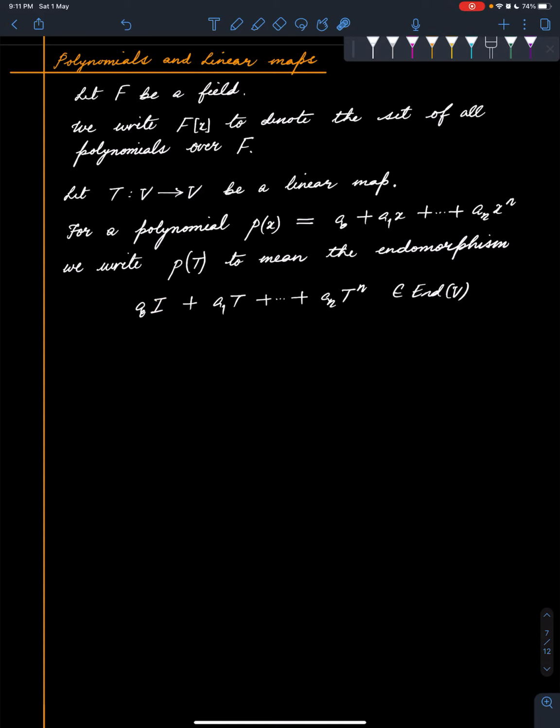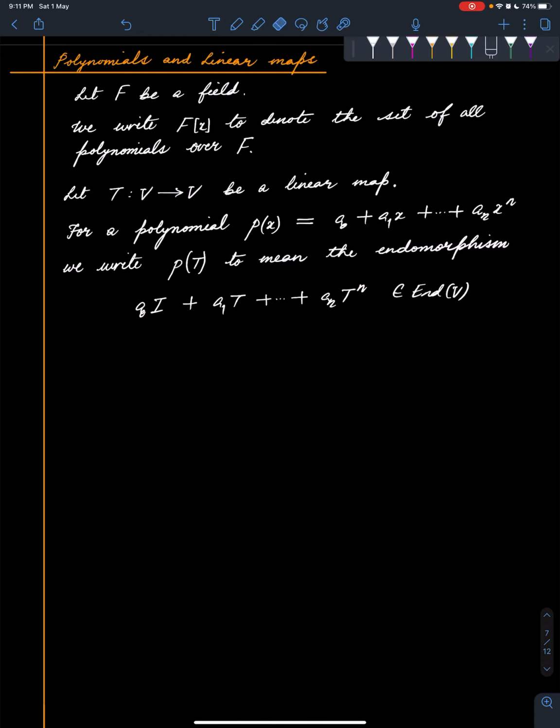Sometimes I might slip, but anyway. So we write p(T) to mean this, where it is an endomorphism because it is a linear combination of endomorphisms of V, with scalars by which we have scaled them and then added them. So out of any polynomial we obtain another endomorphism using one fixed endomorphism. This is just a notation.